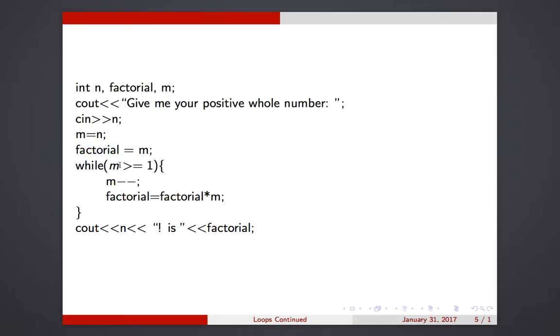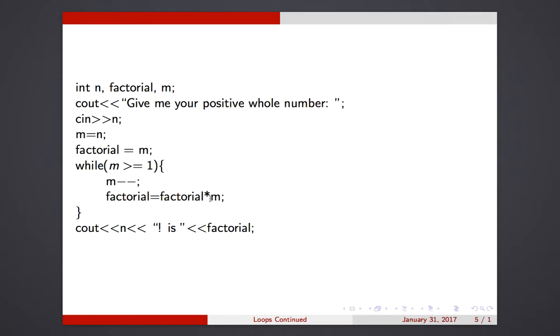Since 10 is bigger than or equal to 1, the first thing that will happen is m minus minus, so m now has value 9. So factorial takes on the value factorial times m. Remember, factorial had value 10, and m now has value 9. So factorial, after one pass through the loop, has value 10 times 9.